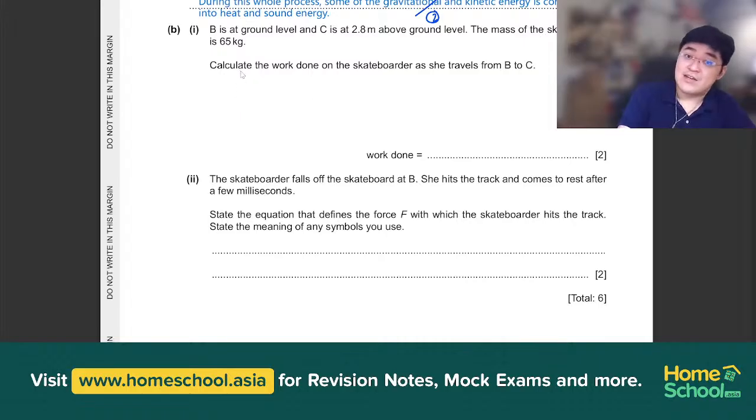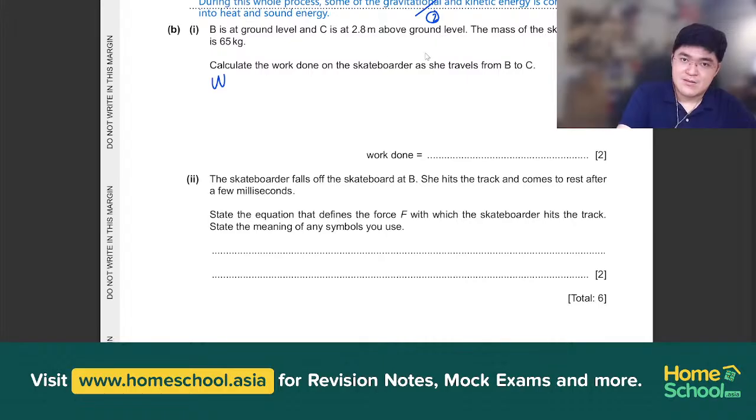Now we have to calculate the work done on the skateboarder as she travels from B to C. So they want to find the work done, W. Work done is equal to the energy required to do the work, and the work is basically moving the skateboarder, which has a mass of 65 kilograms, up to C.